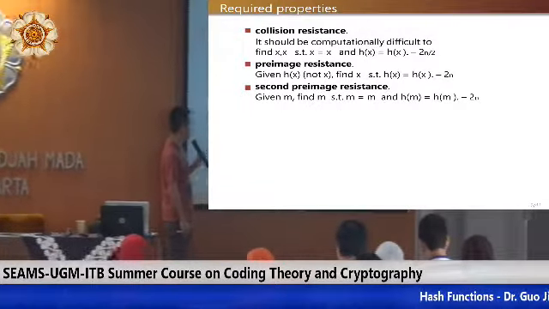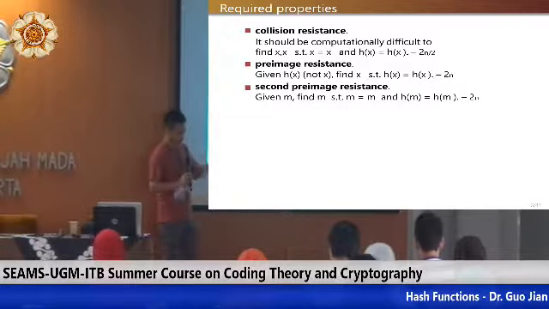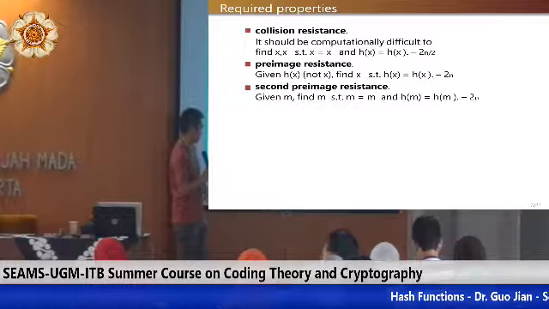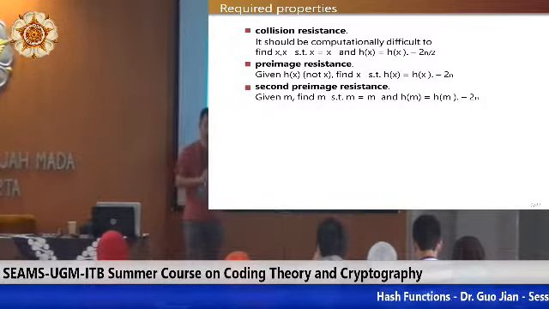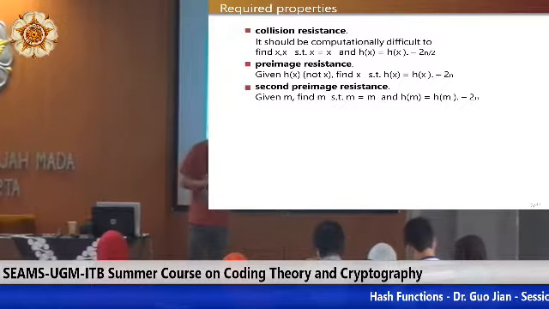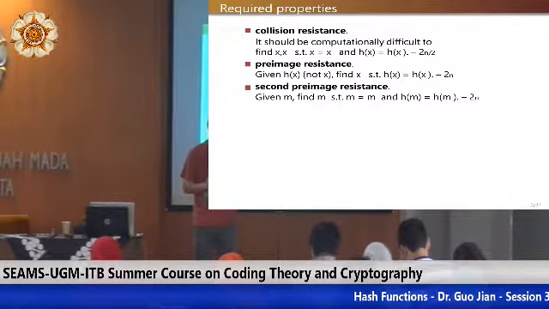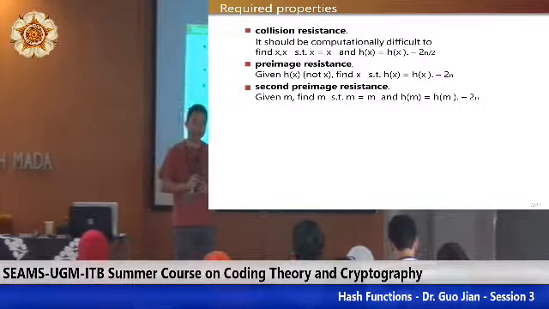For second preimage, you are given a message, and it's difficult to find another message so that the digests are the same. For preimage resistance, if the hash function is one way, meaning you are not able to compute the input from the output, then the complexity is supposed to be 2 to the n.